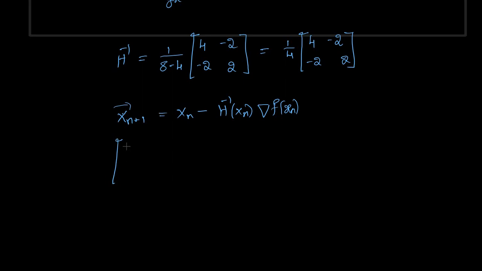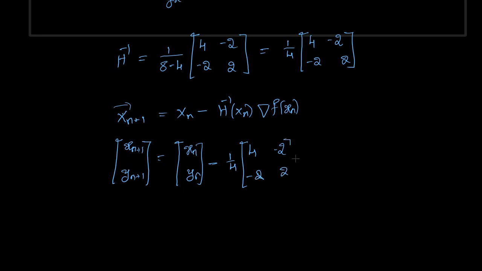If you write it as a formula like this, x_{n+1}, y_{n+1} equals x_n, y_n minus the inverse of the Hessian matrix, which we found directly, 1 by 4 into [4, -2; -2, 2], multiplied with the gradient of the function, that is fx and fy, at x_n comma y_n.